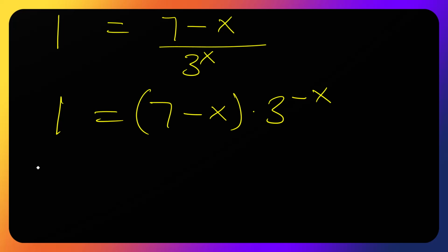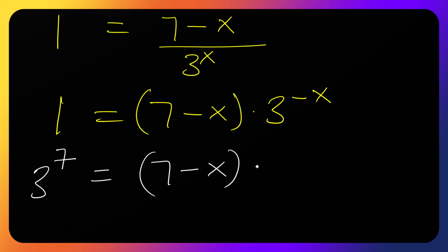When I do that, we have 3 to the power minus x times 3 to the power 7. So we have balanced this one.